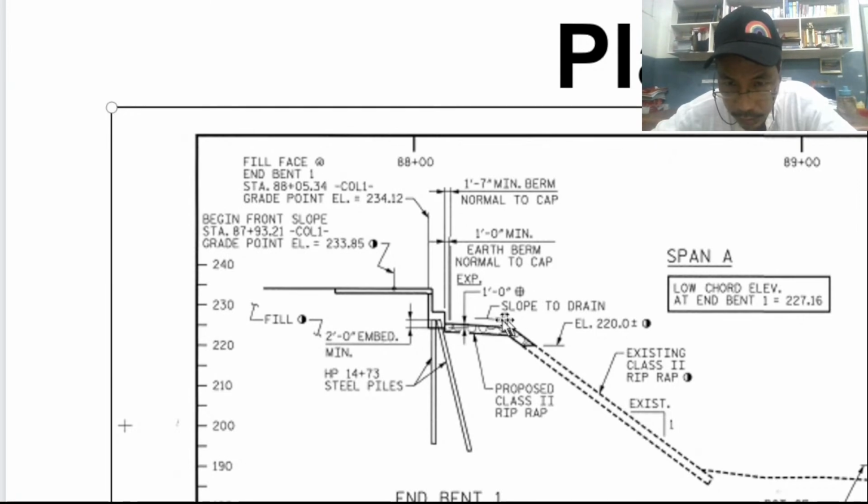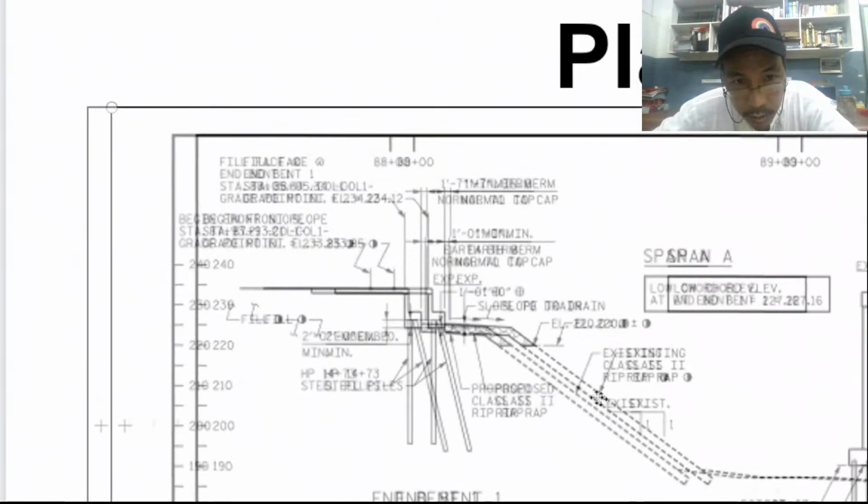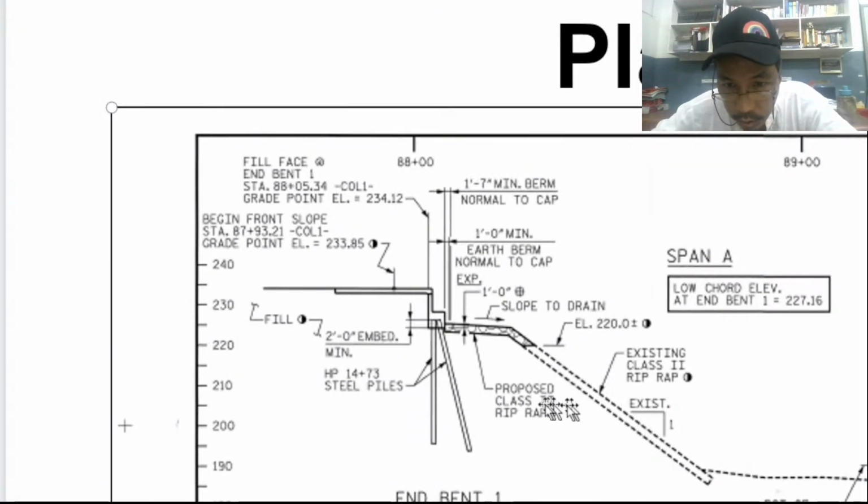Then what's next is slope to drain. Meaning this particular portion is sloping down, so that any water flooding or flash flood will go in this direction. So that is what we should expect.